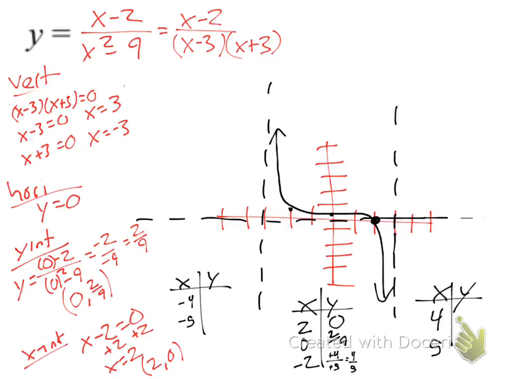Then we got to do the sides. Let's put 4 in. 4 is a nice number. What's 4 minus 2? 2. So it's 2 divided by 4 squared minus 9. 16 minus 9 is 7. So 2/7. Okay, 5 minus 2 is 3. 5 squared minus 9 is 16. So 3/16.